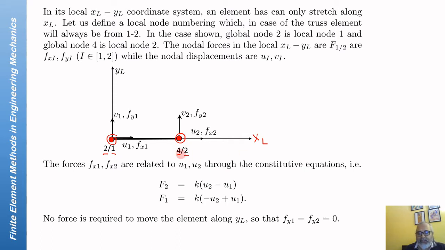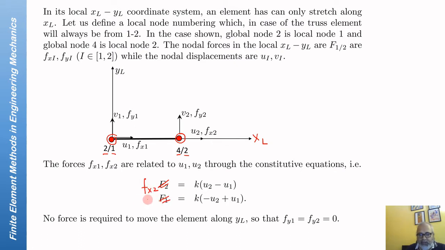We know that this truss element can only extend in the XL direction. It can do nothing else, extend or contract in the XL direction. So it will be easier for us to write the force displacement relations. We know the constitutive equations. We've just derived the constitutive equations in this coordinate system. So we can easily see that this should be Fx2.